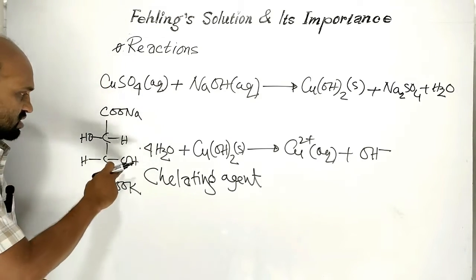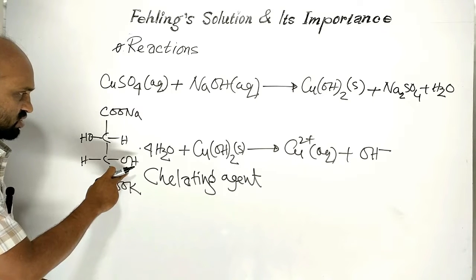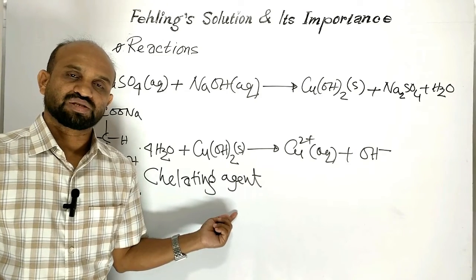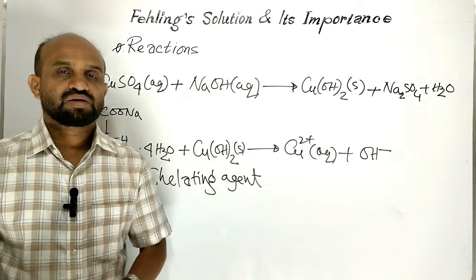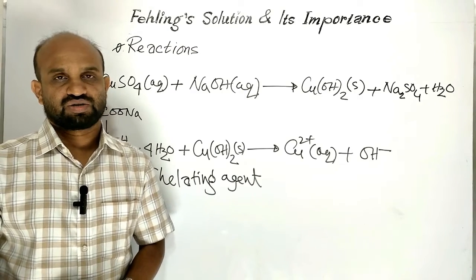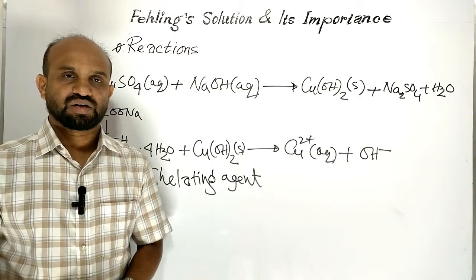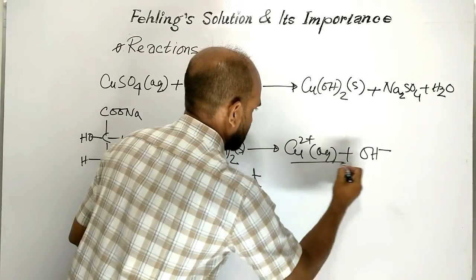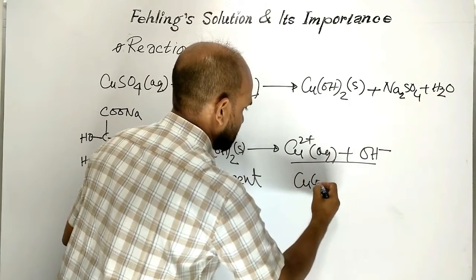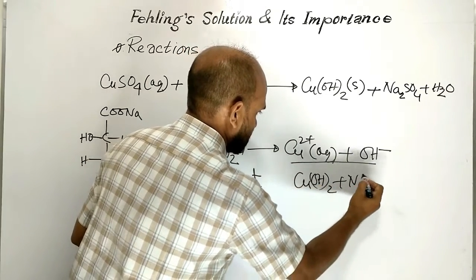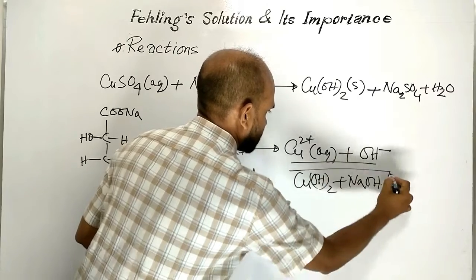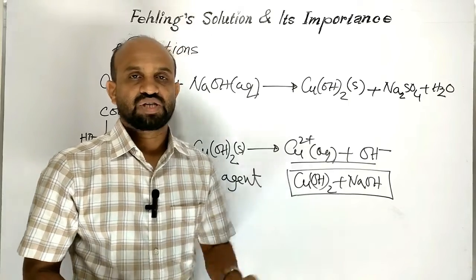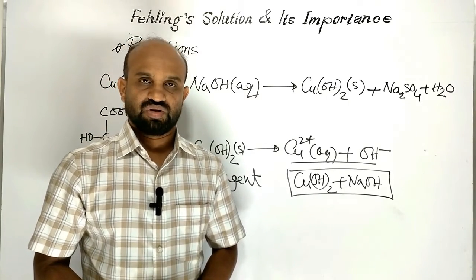So here, this is the role of the Rochelle salt. It acts as chelating agent for copper 2 plus ion, and it dissolves copper hydroxide in the solution. Simply, we can say that Fehling solution contains copper hydroxide and sodium hydroxide. Rochelle salt keeps dissolved copper hydroxide in the solution.